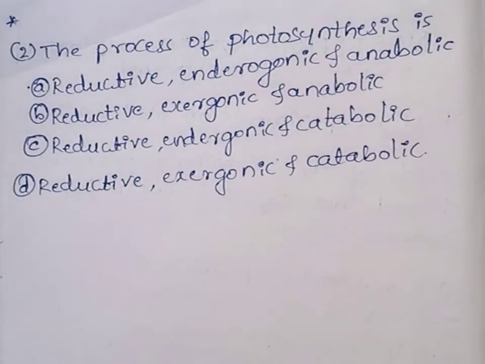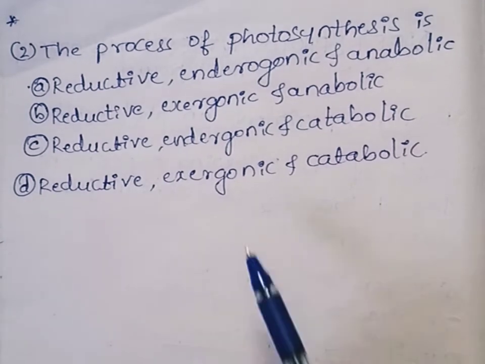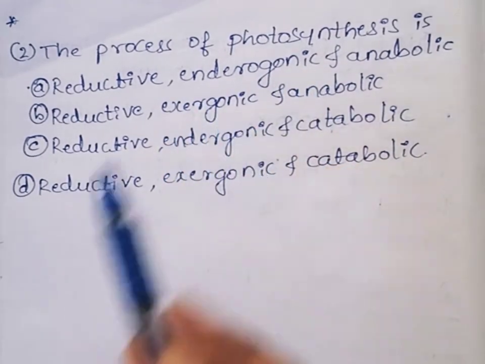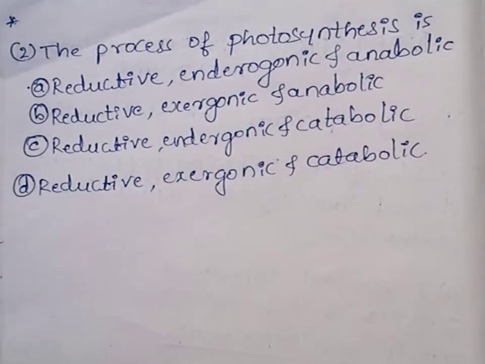As we all know, photosynthesis is an anabolic process and it is a redox process in which both oxidation and reduction reactions are present. And one more thing in the options: it is endergonic or exergonic. So what is the meaning of endergonic and exergonic?